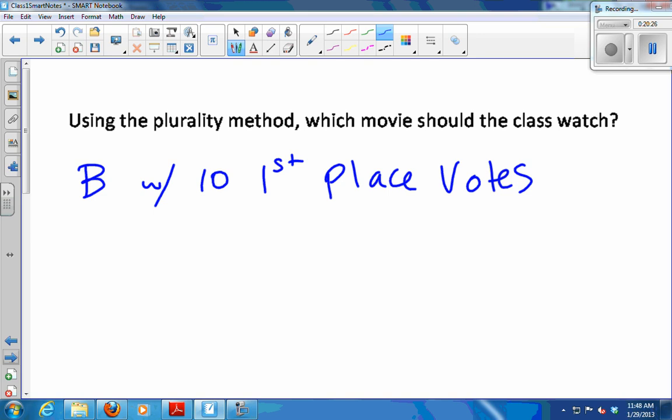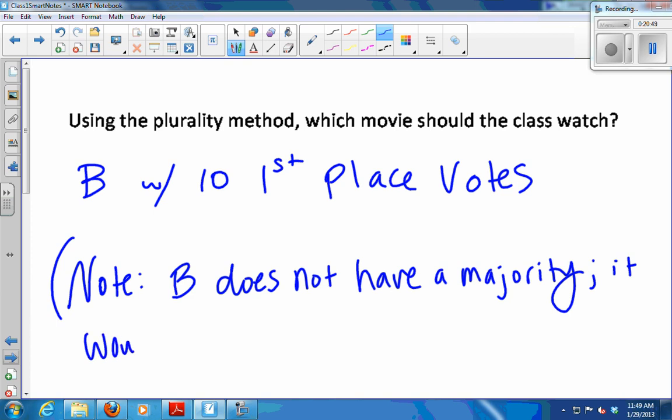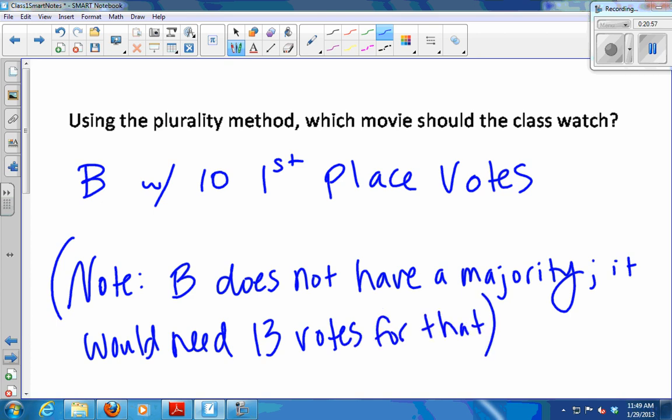More than half would be 13. 10 first place votes. So I'm just going to put a note: B does not have a majority. So if 24 people voted, half would be 12. A majority is more than half, so you go one over, 13.